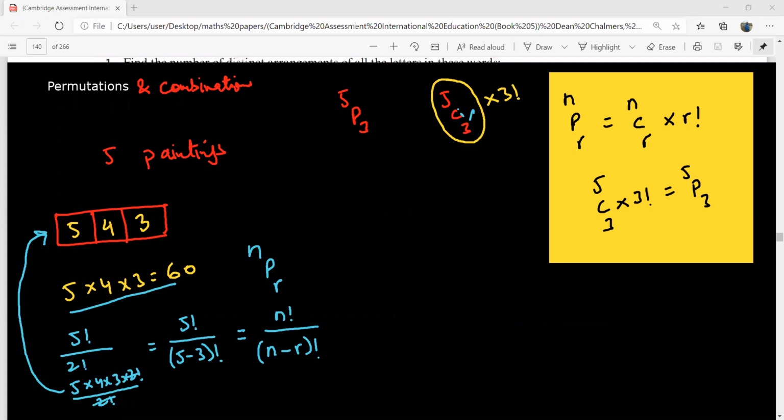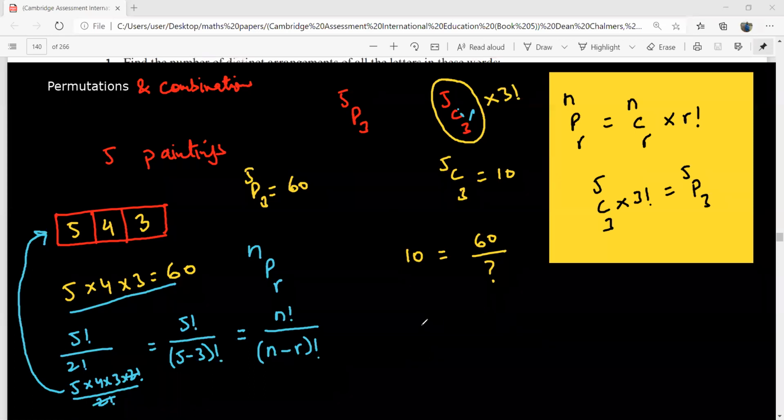Now tell me, which answer should be bigger, 5P3 or 5C3? You have seen that yourself. 5P3 was 60, yes? And 5C3 was 10. So how can this 60 over what equal 10?